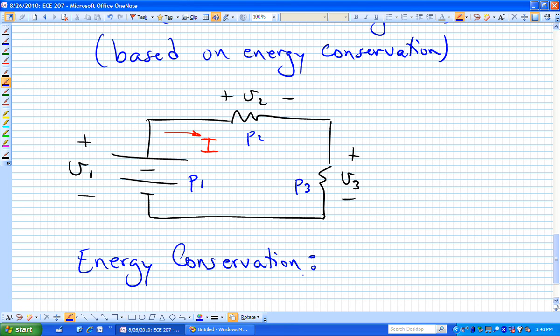The first law of thermodynamics says I can't create or destroy energy. If we take the time derivative of that energy relationship, we have power, which says P1, P2, and P3 must sum to equal 0 by energy conservation. We have P1 plus P2 plus P sub 3 equaling 0.